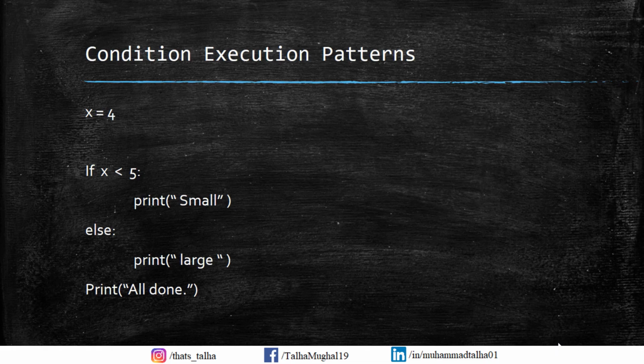So when this condition is satisfied, the program will move into the body of this condition and print out small. And if this condition isn't satisfied, for example, the number that I assigned to x was 6, which is greater than 5, then the first condition will be false and the program will look for another condition.